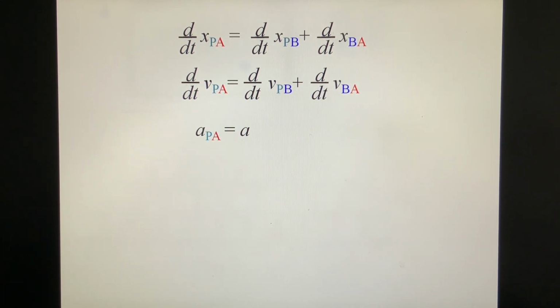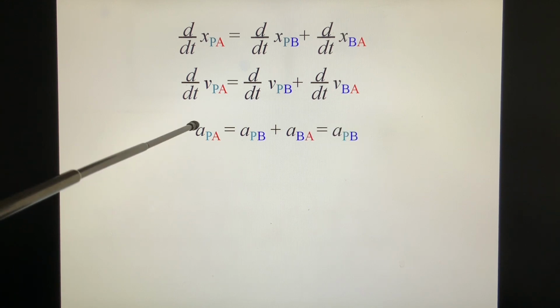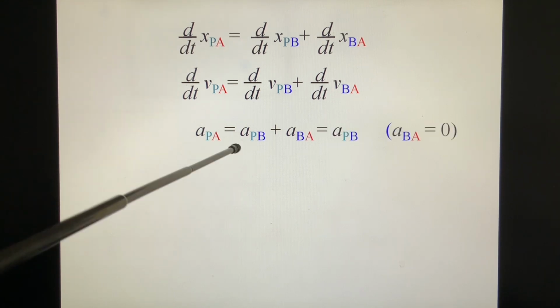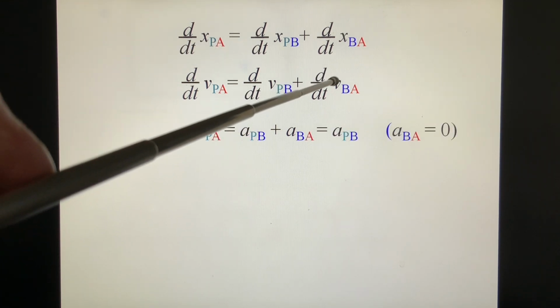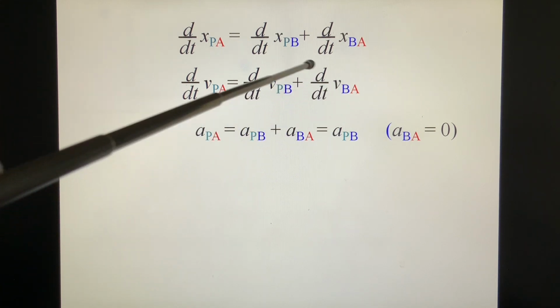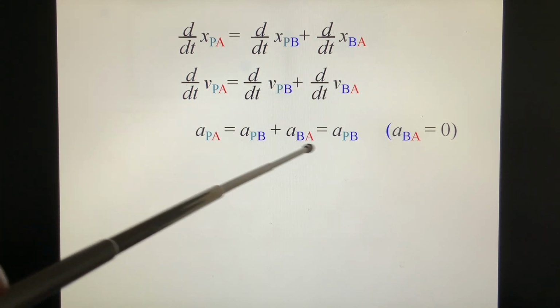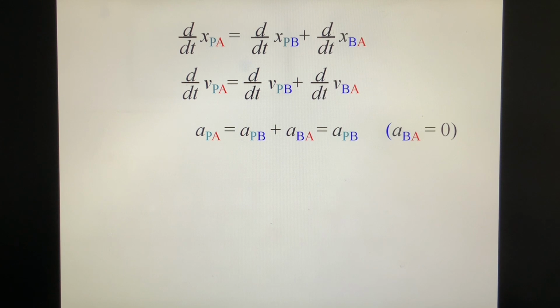The acceleration of P in frame A equals the acceleration of P in B plus the acceleration of B in frame A. For inertial frames, there is no relative acceleration, only a relative speed difference.